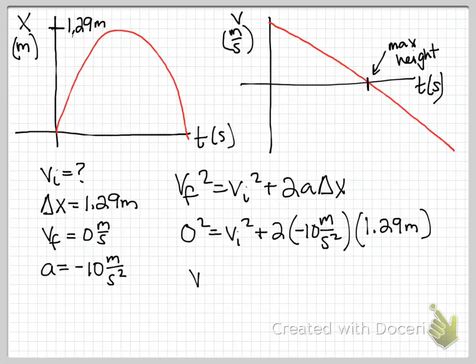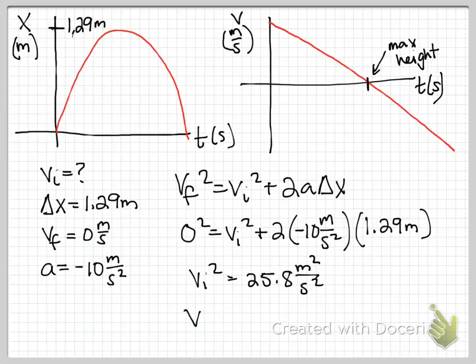Simplifying, I get V initial squared equals, let's see, that'll be 25.8 meters squared per second squared.